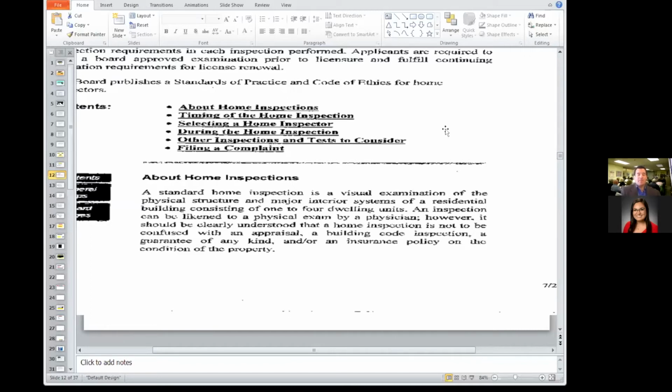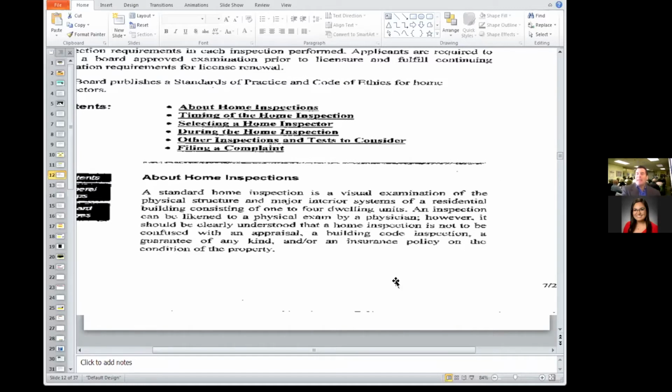It's awesome. It's a brand new course, just allowed. We take you on a 2-hour journey of what home inspectors are required to do and what we don't do. But anyway, it says a standard home inspection is visual, like eyeballs, of the physical structure and major interior systems, meaning major systems, not little dings and little stains on carpets.